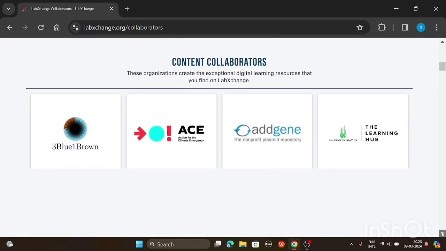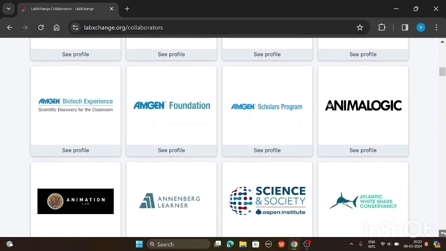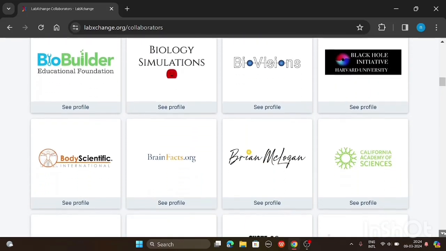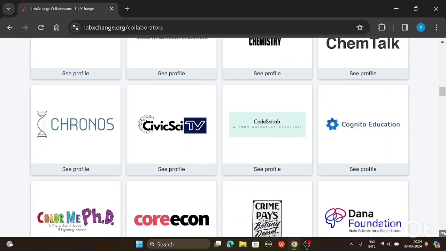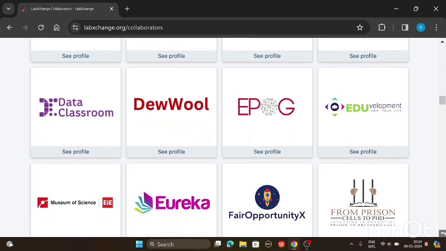And then the content collaborators, you can see this list. It is the Amgen Foundation, and then we can see a lot of them: BioBuilder, Biology Simulations, BrainFacts, CellMentor, Chronos, and Duvool. Duvool is from India.